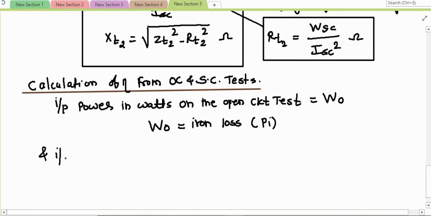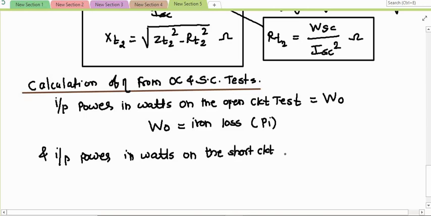And input power in watts on the short circuit test will be equal to WSC, and that WSC we have taken as the full load copper loss.